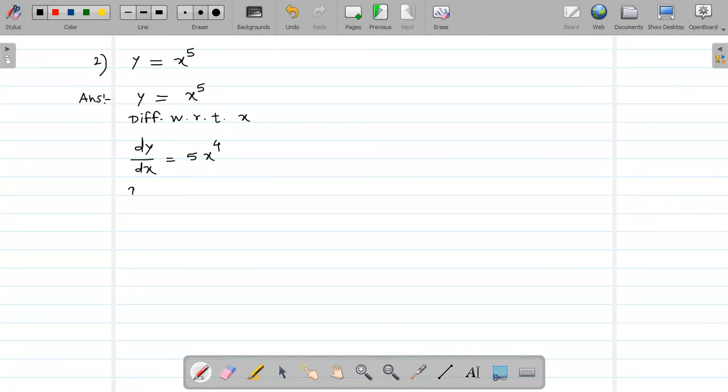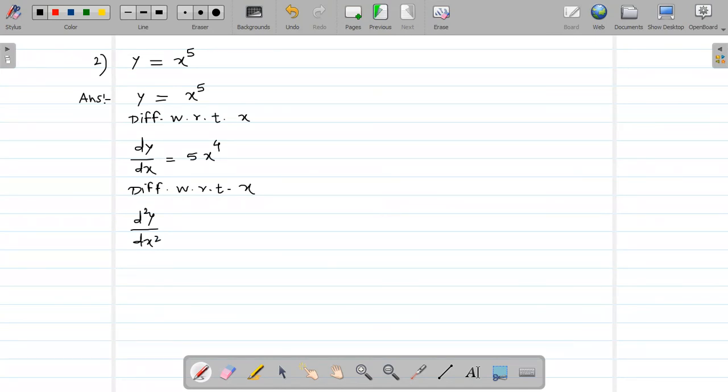Now to get the second order derivative, we will differentiate this again with respect to x. Then now I will write directly d square y upon dx square, because it is the derivative of dy by dx.